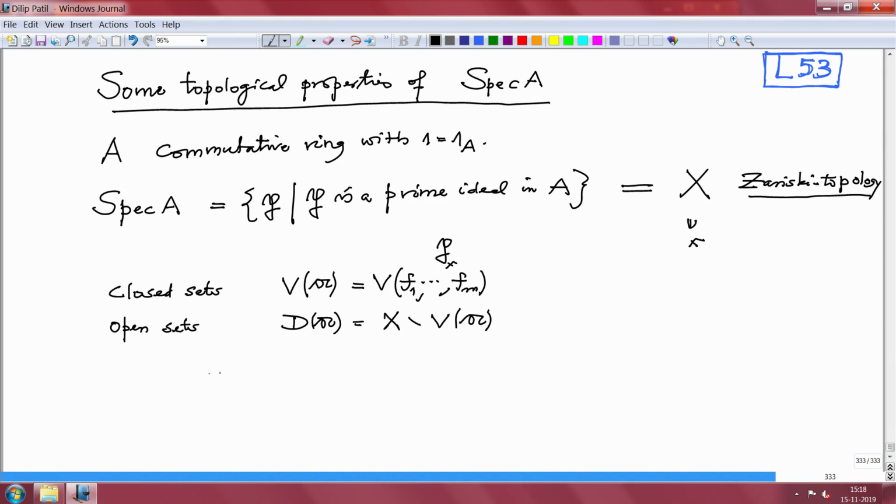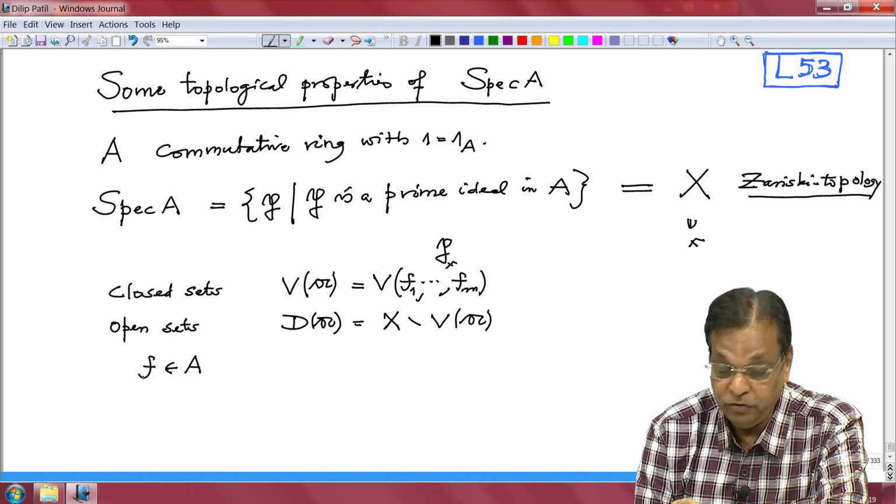So, in particular when we have an element f in the ring A, as I said last lecture also, I will denote the elements of the ring by f, g, etc. because our model example of a commutative ring with identity element is the polynomial ring over a field, and the elements of that ring are precisely the polynomials, and we denote polynomials by f, g, etc. Therefore, I adopt the similar notation.